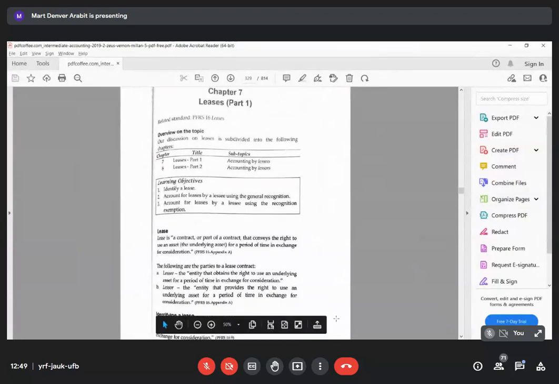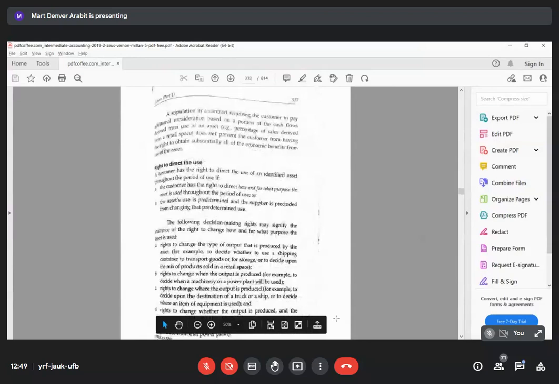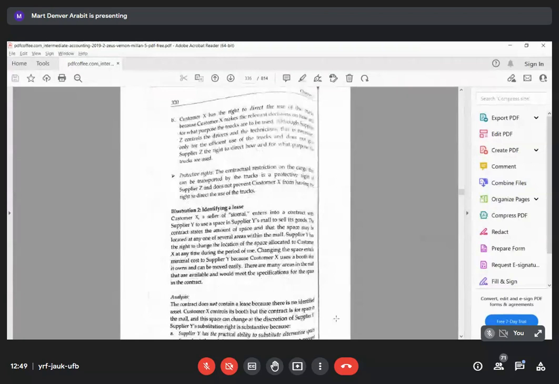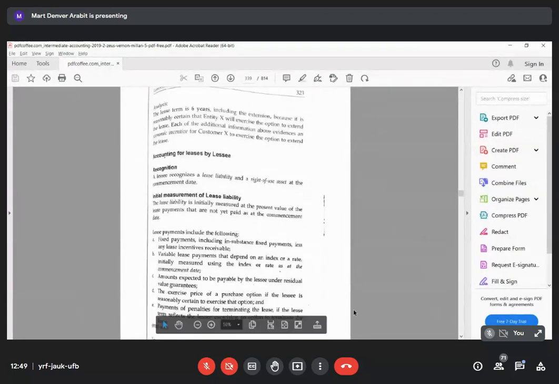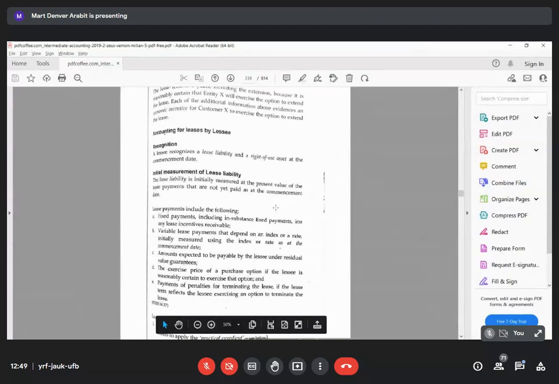For it to be considered as part of the lease liability, dapat measurement of index is available at commencement date, which should be compared sa mga future na changes on that index. Okay? So that is the difference.